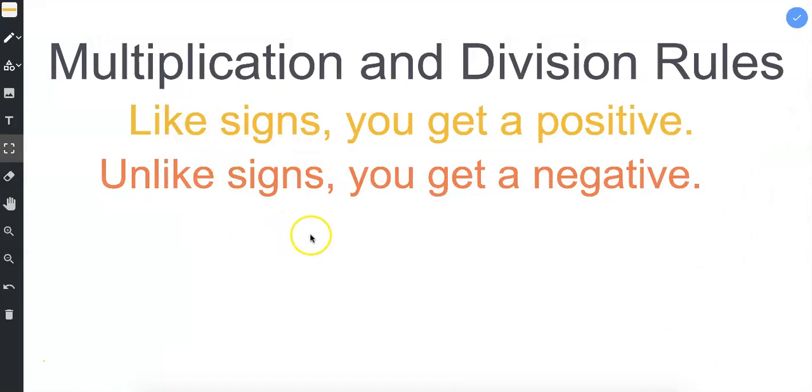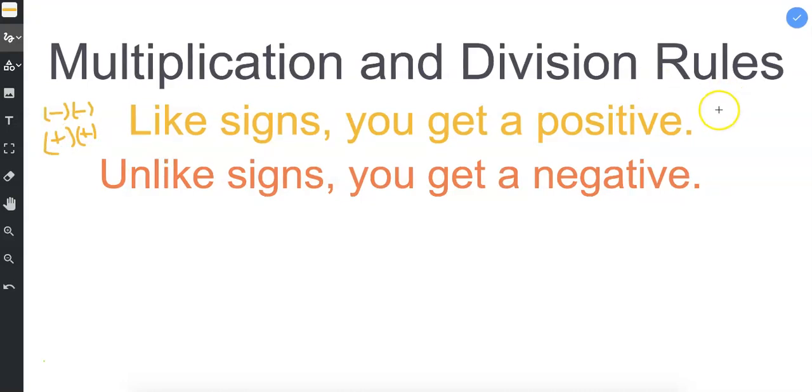Now looking at the multiplication and division rules. Like signs, you get a positive. Let me show you what that means. That means when you multiply a negative number by a negative number, you get a positive. When you multiply a positive number by a positive number, you also get a positive.